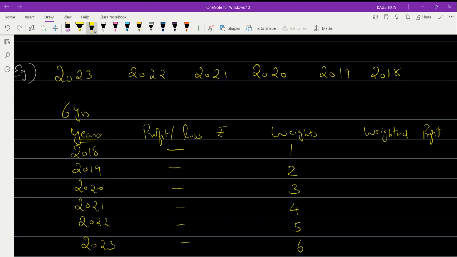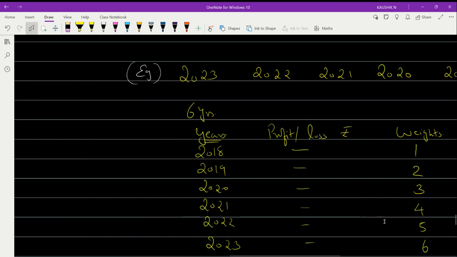That gives us first the weighted average profit, and then only it will be goodwill. In this way we have to proceed further. Am I making sense to you? Yes, sir. So this is how we have to proceed with the problem.